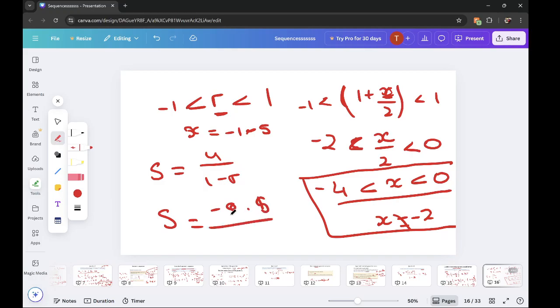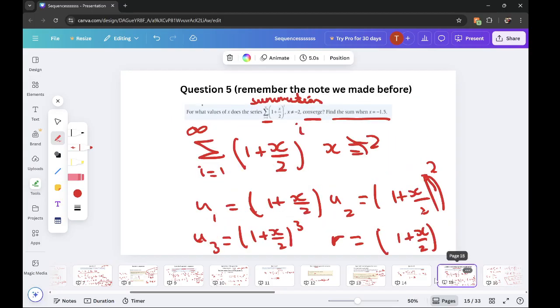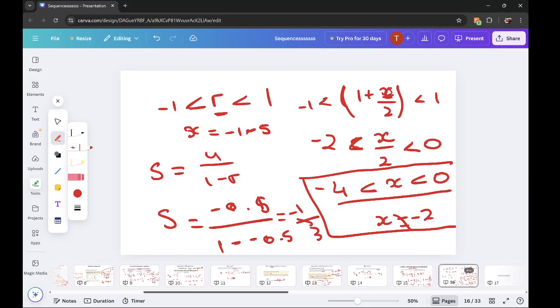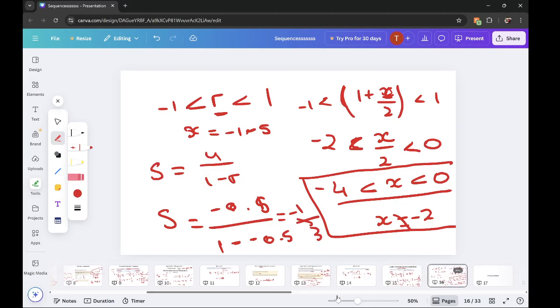And 1 minus r, which is 0.5, right? If you plug in -1.5 here too, you should get 0.5. So 1 minus of minus 0.5, you get 1.5 at the bottom too, which is equal to -1 over 3. Sorry, I took a while on that. I didn't have enough space to explain that too well, but I hope you understand. I just did some quick mental maths over there.